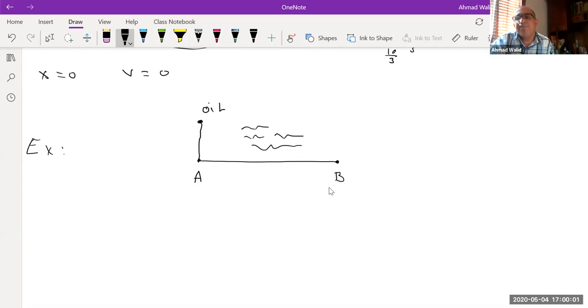B is the point, I will call it a stopping point, or your station. You want to bring the oil from the sea through a pipeline. You have to build a pipeline. You want to transport the oil to point B.